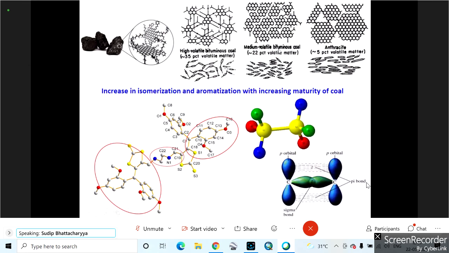Now one thing that we have seen, the vitrinite, liptinite, inertinite, all this. Coal is considered a macromolecular structure, and it has so many aliphatic and aromatic rings. Some aromatic rings over here, aliphatic rings over here.